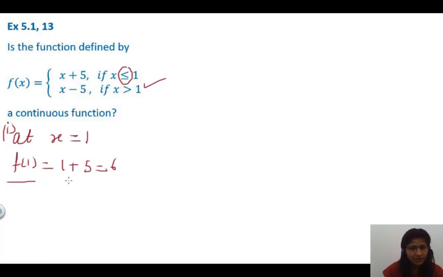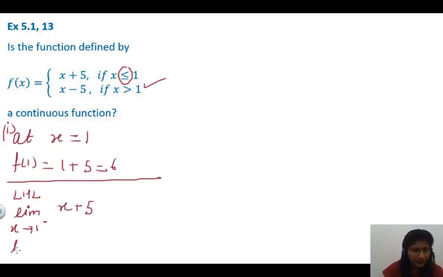F of 1 will be, I see equal sign here, so f of 1 will be 1 plus 5, which is 6. Now I will solve LHL, where I'll write limit x tending to 1 minus. For less than 1, the function is x plus 5, which will be written as limit h tending to 0, where instead of x I get 1 minus h plus 5. Putting the value of h as 0, I get the answer as 6.